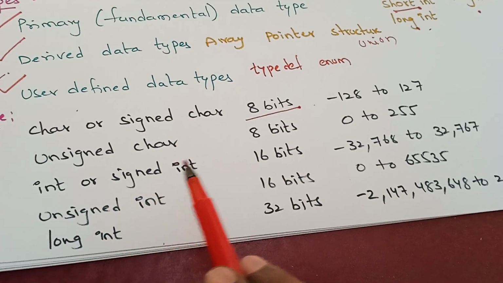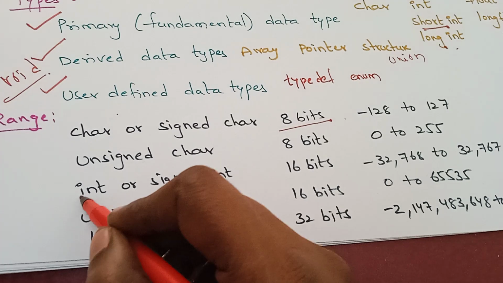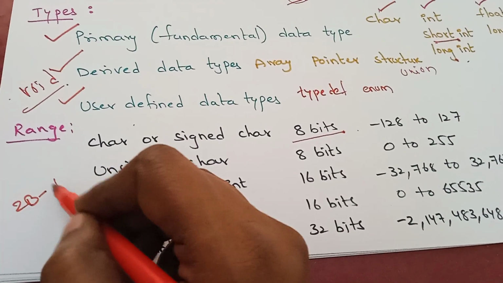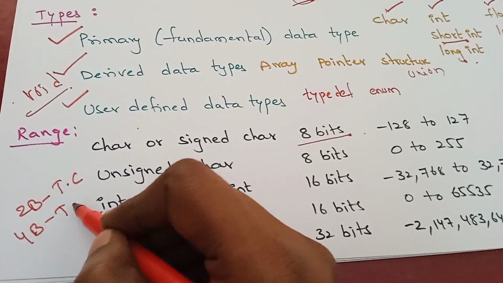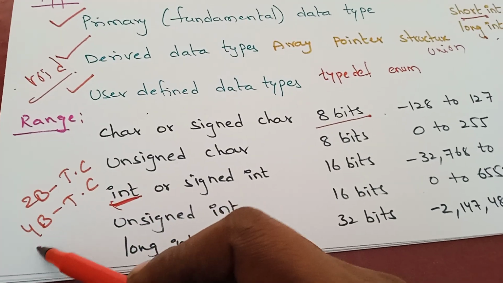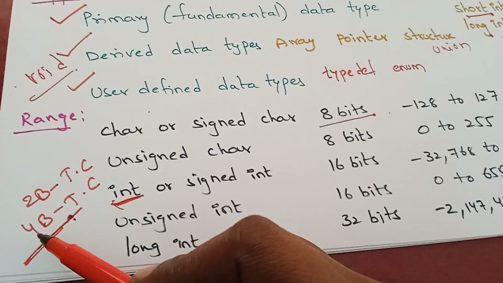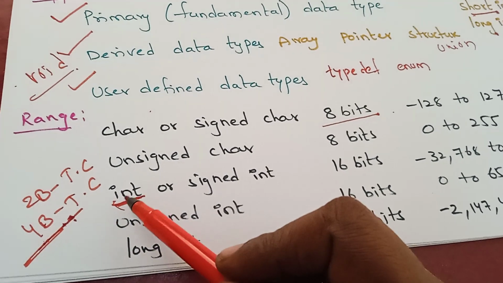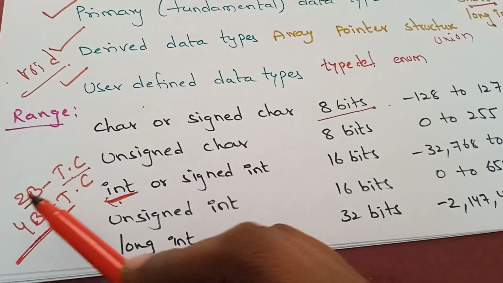Int or signed int, the memory is 16 bits. In most cases integer memory is 2 bytes if it is a traditional computer, and it will be 4 bytes if it is a typical computer. Nowadays we are using typical computers, so the size of integer will be 4 bytes of memory. If it is a traditional computer, you can take it as 2 bytes.